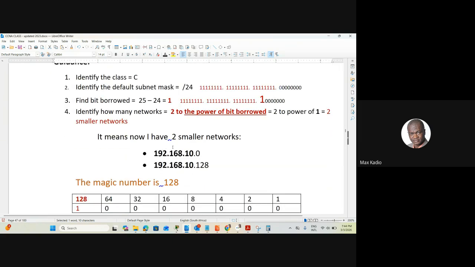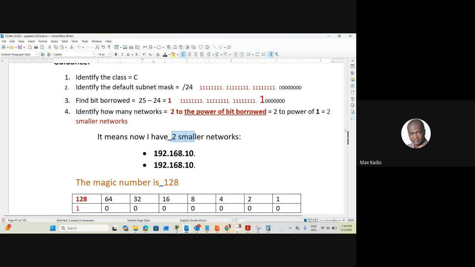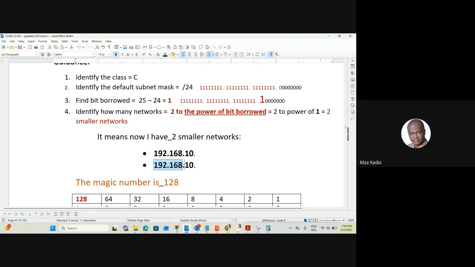You leave them here. I'm going to remove the last block. I have two smaller networks, so I know that the very first one will start with 192.168.10, the second one also. Now we have to find the last block, because it should be four blocks: 1, 2, 3. The very first network always ends with 0. Always. It's like that.